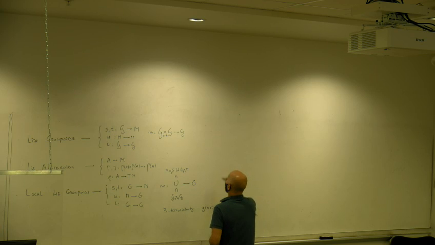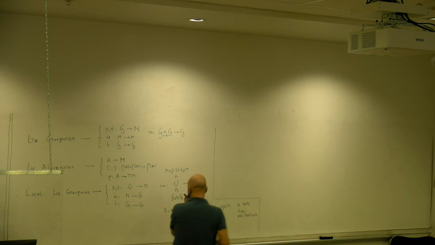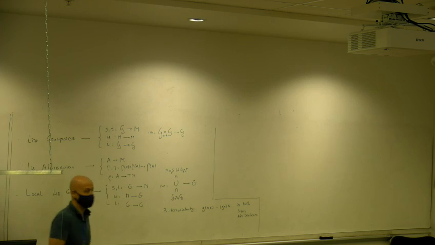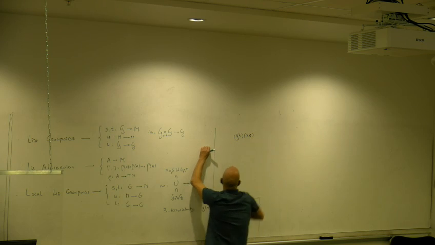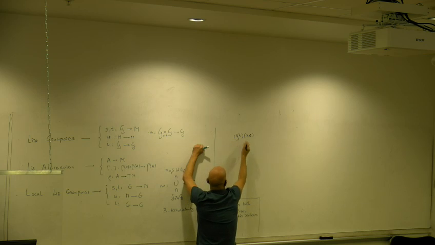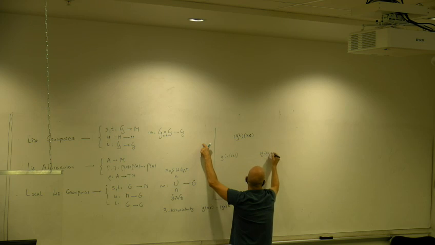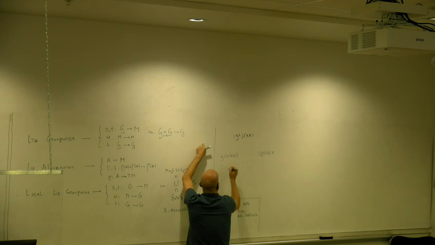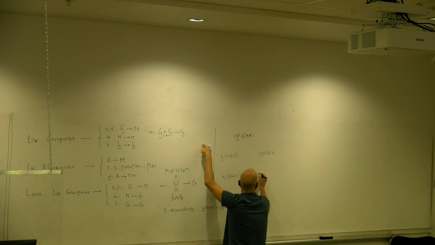So, let's see here. Suppose you look at associativity for 4 arrows. So let's write the possibilities, starting, say, with this. Then if I move one parenthesis, I would get something like this. Or I could move the other way around and get something like this. And now I could further move this, and I would get something like this. And here I could further move, and I would get something like this.